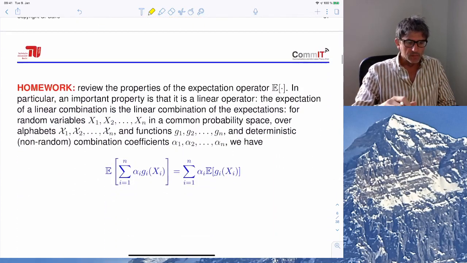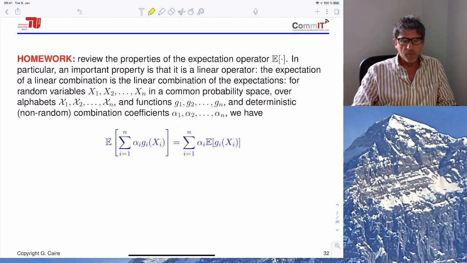So homework: review the properties of the expectation operator. In particular, an important property is that the expectation operator is a linear operator.